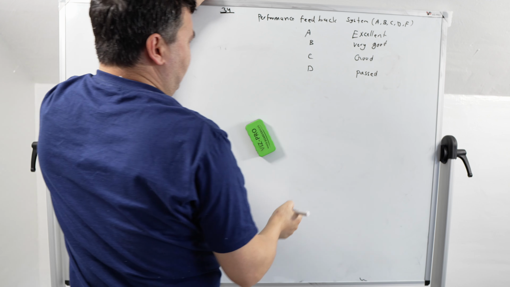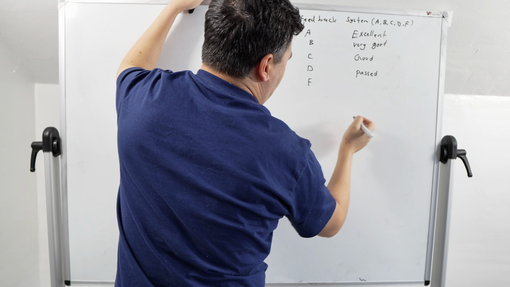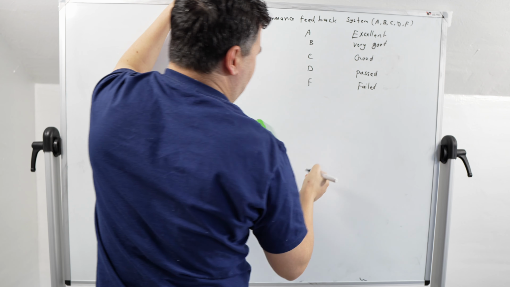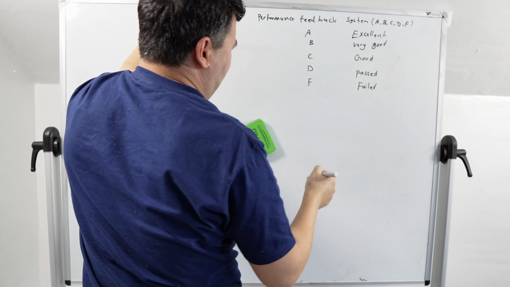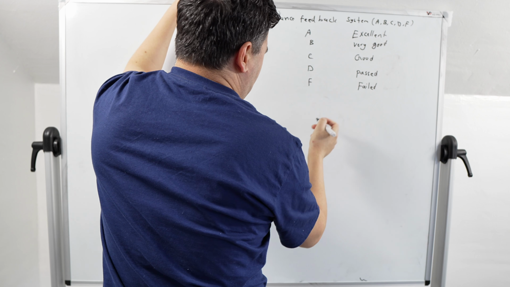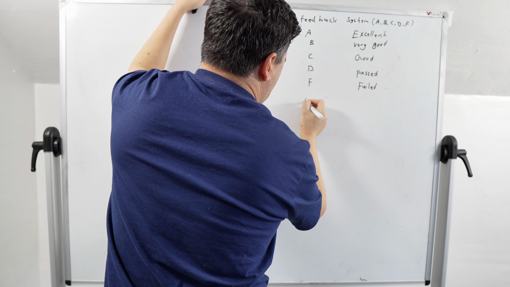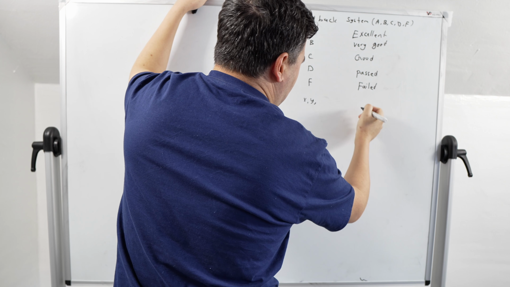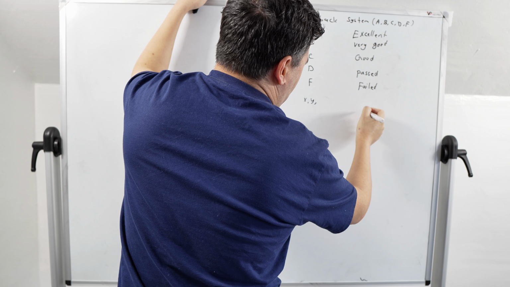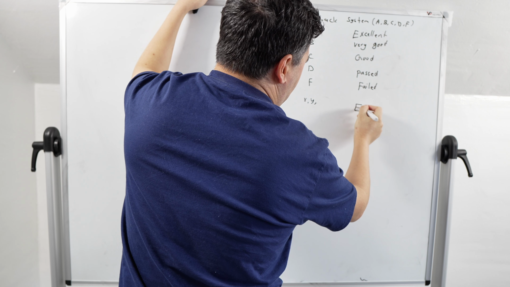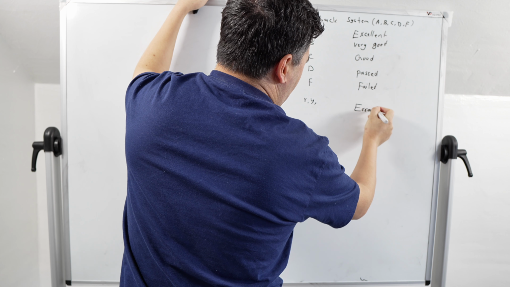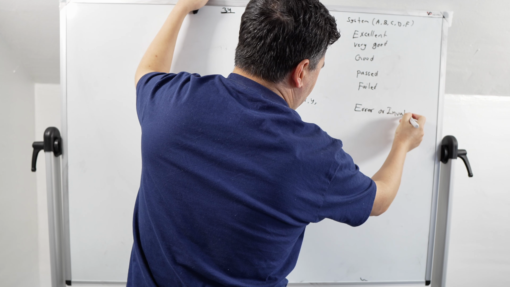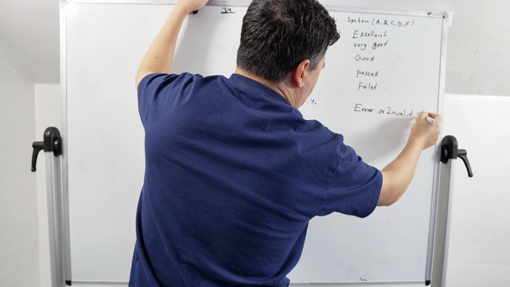If the user enters F, we say failed. And if the user enters any other character, like X, Y, Z, or any other character, our program should say error, or invalid character.